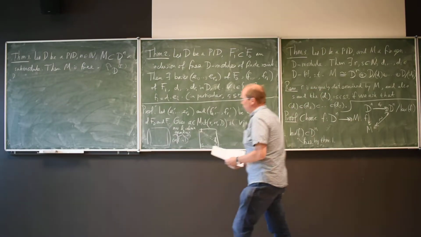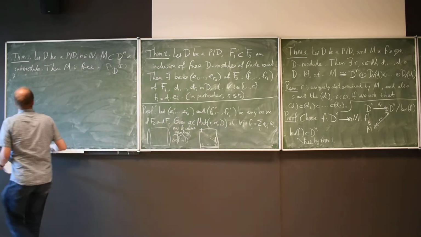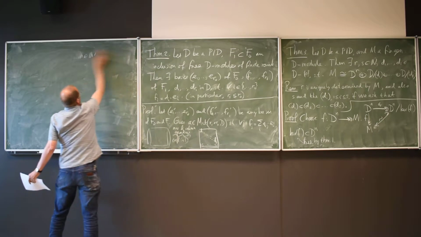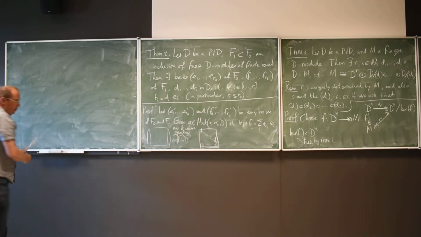And then theorem 2 says that I can take appropriate bases for D^n and for the submodule kernel of F, right?